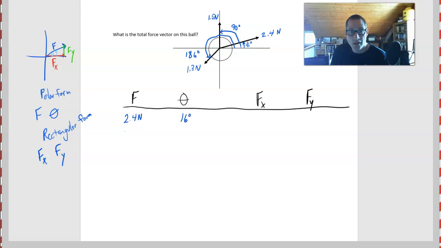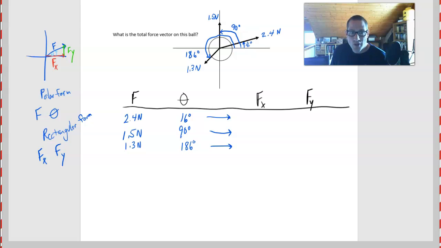And the second one is 1.5 newtons, and it is at 90 degrees. And the next one is 1.3 newtons, and it is at 186 degrees. Okay, and so we're going to convert each one of these into its rectangular form. It's already in polar form, and let's see what we get.